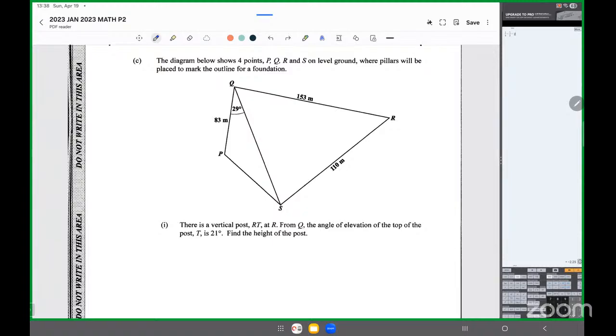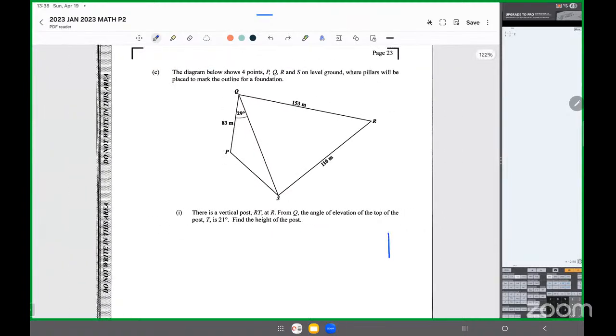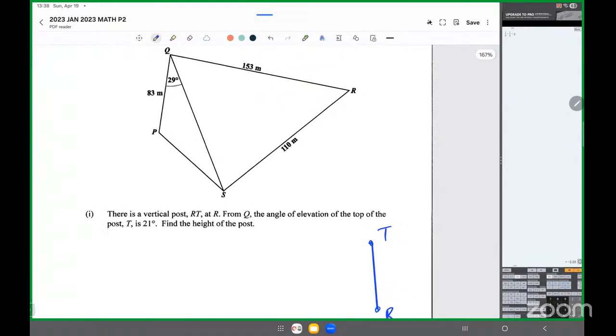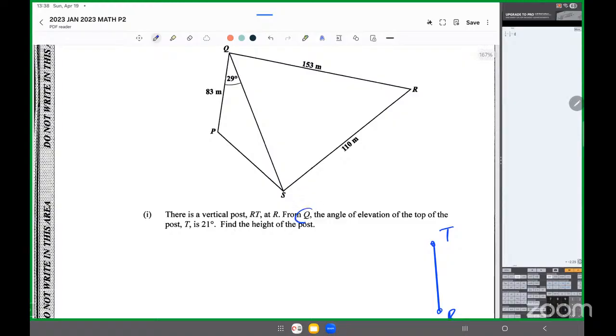So I'm going to draw it like this now. And right here is R. And up here is T, the vertical post. What they gave was the angle of elevation of T from Q. So from Q to T, the angle of elevation is 21.